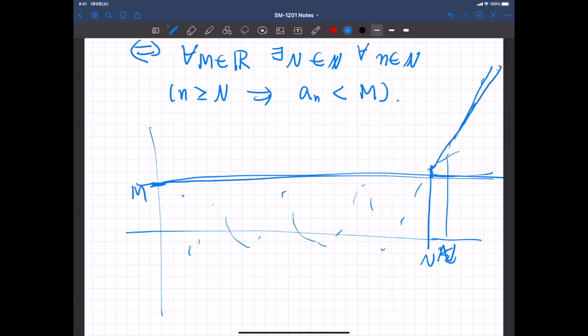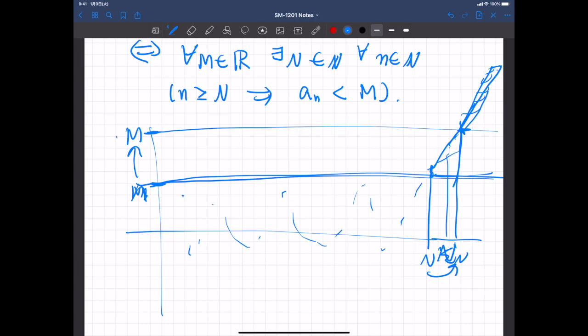That's the meaning of divergence. If we choose any bigger number m, then we should choose some bigger N accordingly. So we choose this N instead of this, so that after this, the values of this sequence are greater than the chosen value of m.